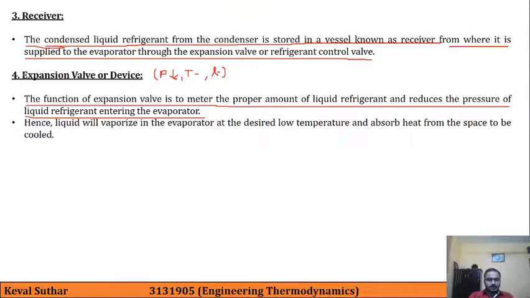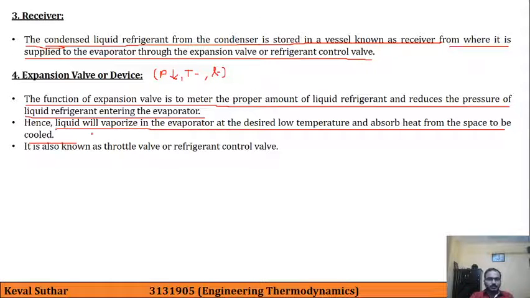Here the liquid will then vaporize in evaporator at desired low pressure and absorb the heat from the space to be cooled. That we will see in the evaporator component. And this expansion valve is also known as throttle valve or refrigerant control valve.